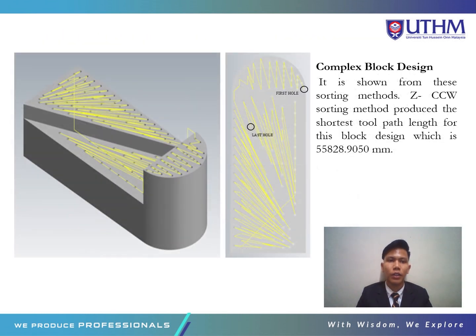For the complex block design, the toolpath is a bit crowded and goes far from the nearest neighbor. The best toolpath is from Z- counterclockwise at 55,828.9050 mm.